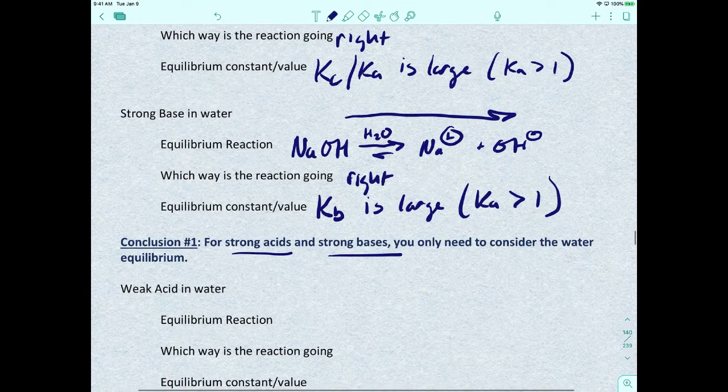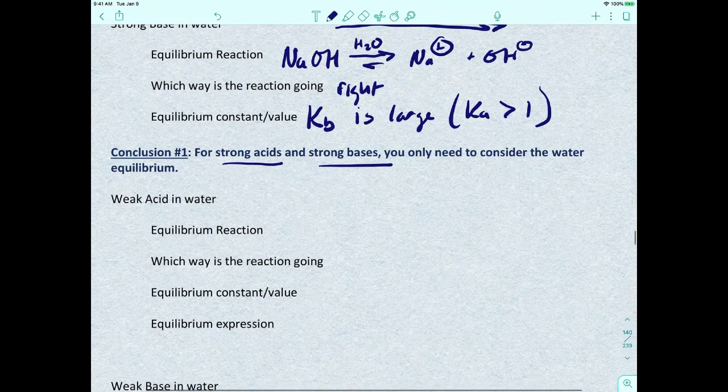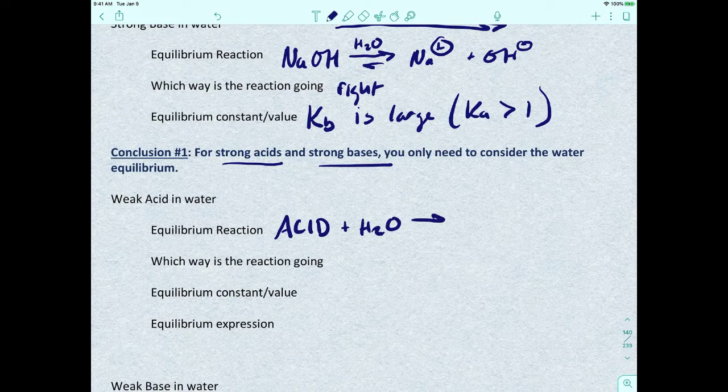What about weak acids and weak bases? Let's take a look at weak acids. For the equilibrium of a weak acid, let's say I take an acid and react it with water. The acid plus water is going to yield our conjugate base plus hydronium ion, H3O+, and that's the most important thing.